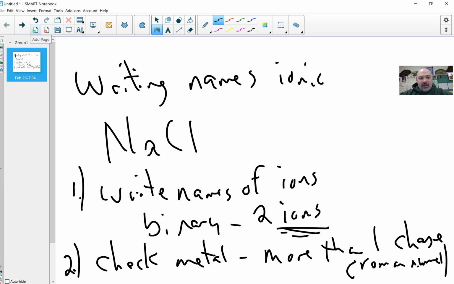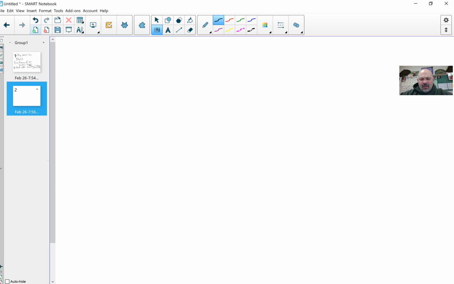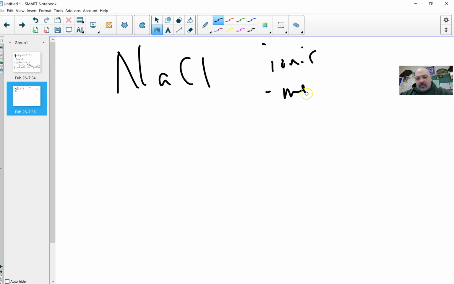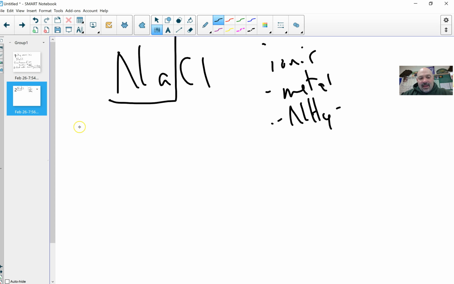So how do we take a look at this case? What do we do with NaCl? It's very simple, and we already know what this is. We know a compound is ionic if it starts with a metal or NH4. Na is our cation. It's a metal, so that's our cation.